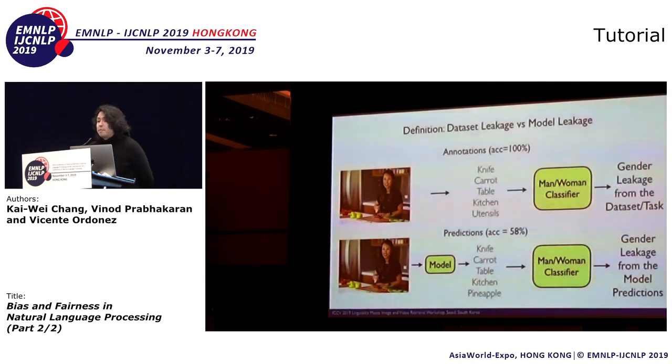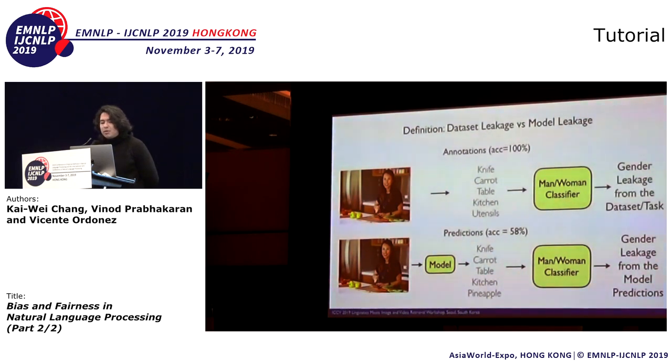We also train a model on this data set, and then we computed some predictions for a set of images. And then we ran the following experiment. Now we're going to try to predict the gender of the person in the picture by feeding to this classifier the output label predictions of the model. And this model that was trained on this data set for predicting objects was not that great, right?